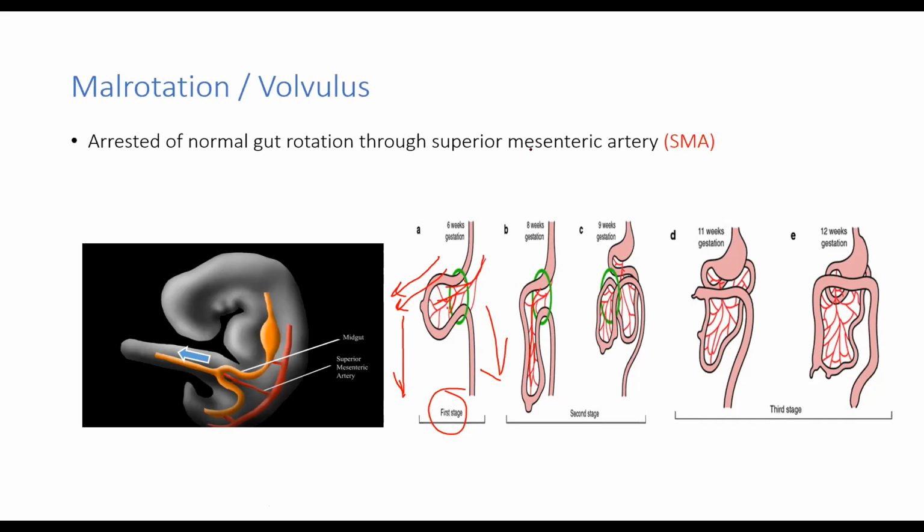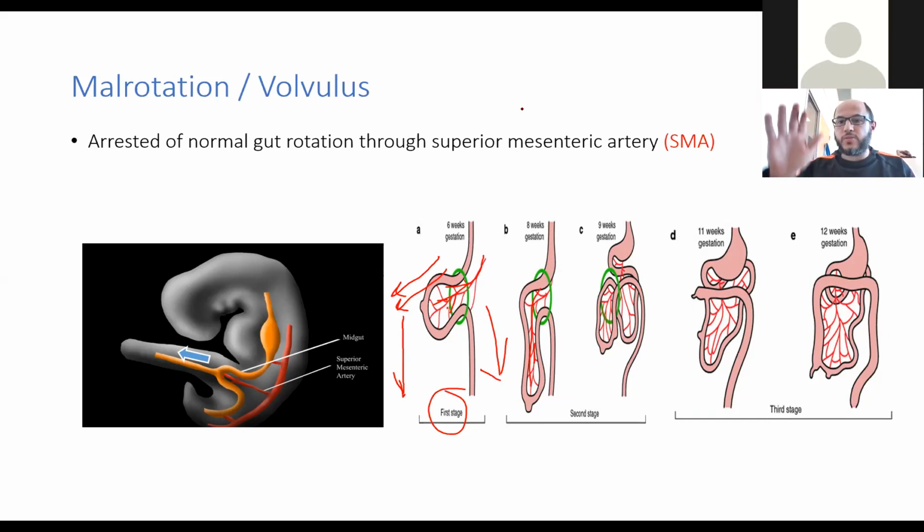Let's look at my hand, so hopefully I can explain it in a nice way. So the bowel, my thumb is the cecum. Just remember, my thumb is the cecum. So we know normally the cecum should be in the right lower quadrant. That's my cecum. Okay.